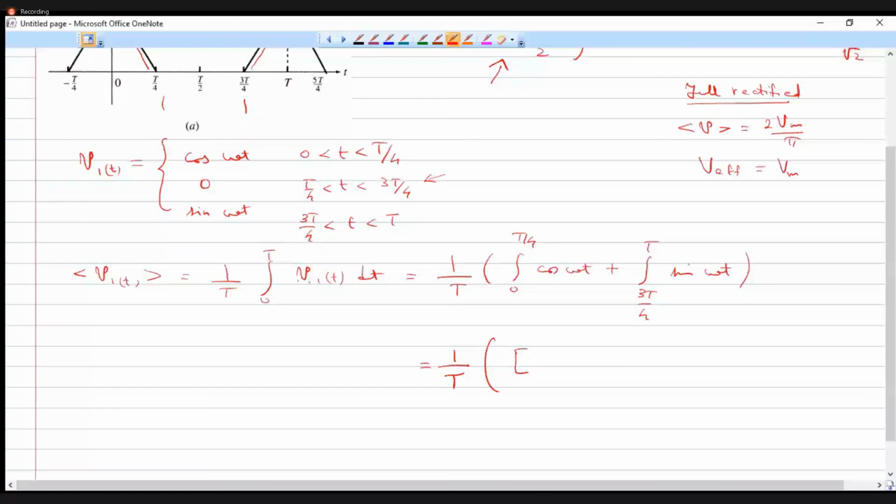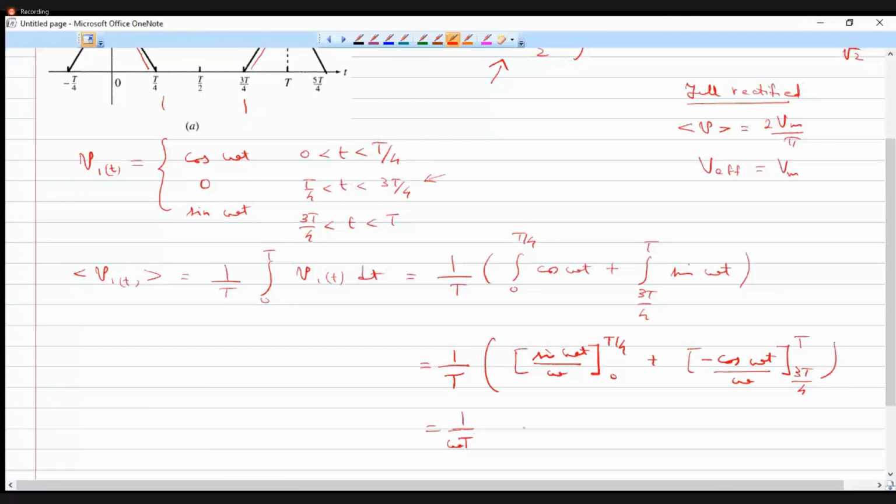Okay, so here let me check this. The integral of cos is sine omega t by omega, with the limit from 0 to T/4, plus the integral of sine, which is minus cos omega t by omega, with the interval from 3T/4 to T. So it will be 1 by T, and omega I can pull out.